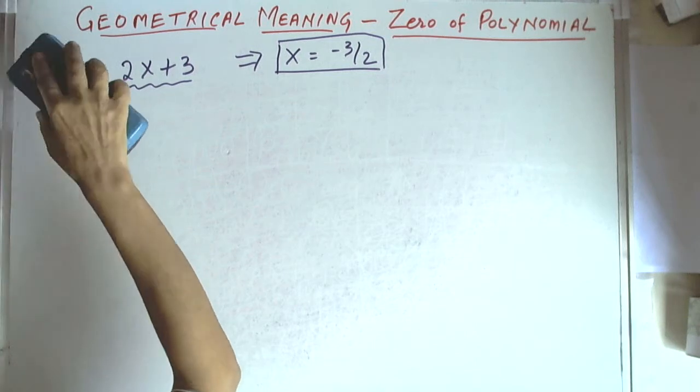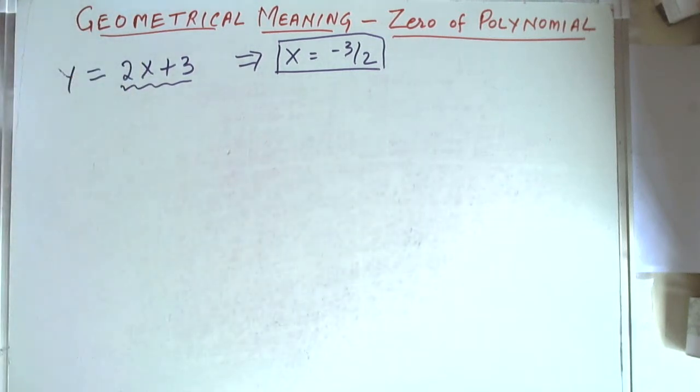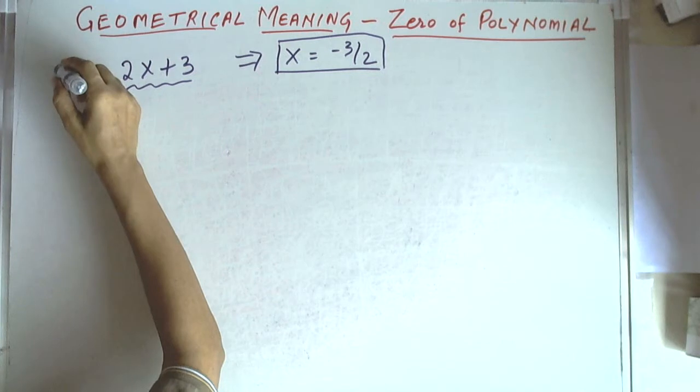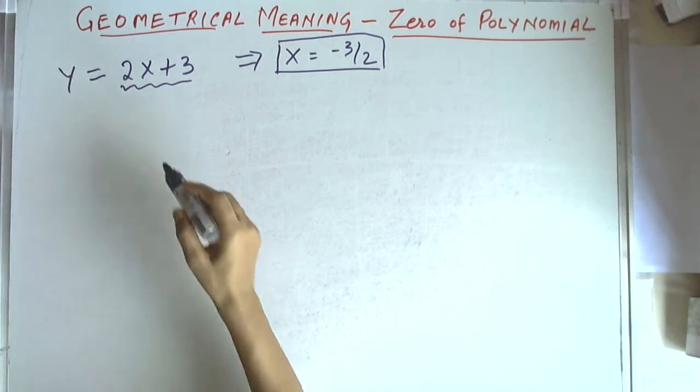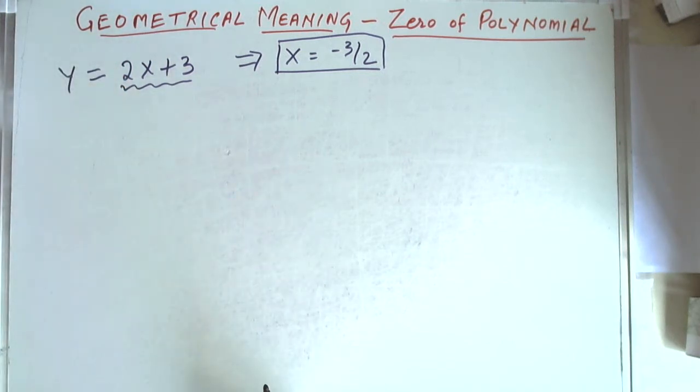So this polynomial, which we are representing by y, the value will become 0, and this is called zero of the polynomial. So zero of the polynomial is something where we substitute the value of the variable and the value of the polynomial results in 0.